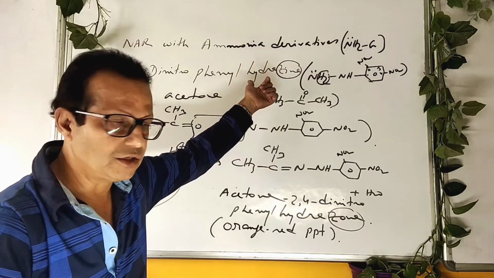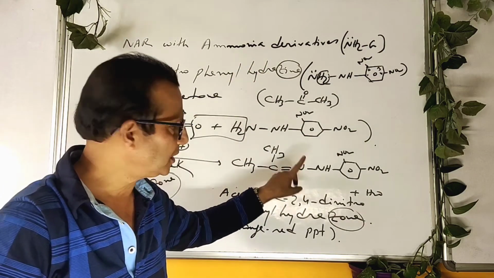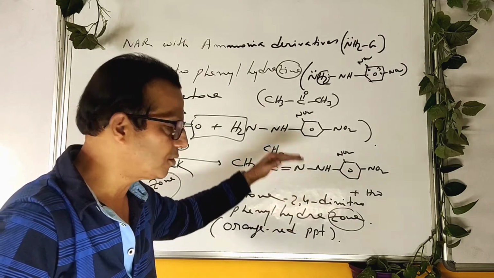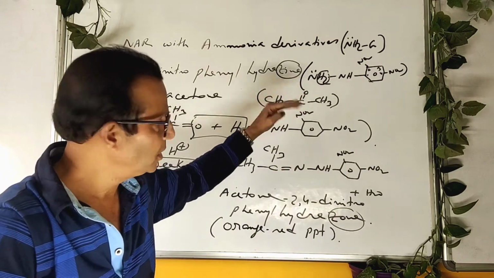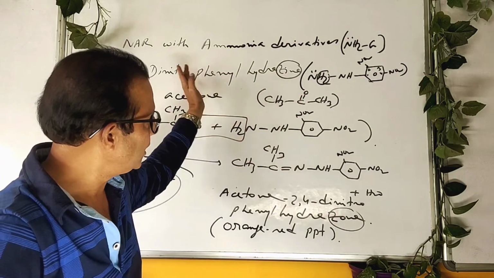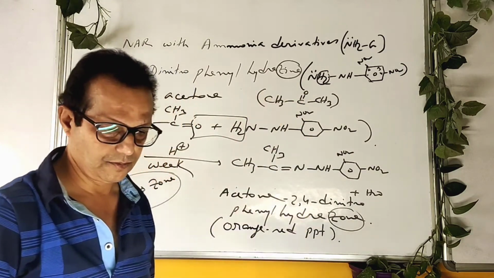In the previous reaction, with acetaldehyde, I have written the product acetaldehyde 2,4-dinitro, that is also orange red. Instead of acetaldehyde, write orange red PPT. In the previous reaction also write orange red.